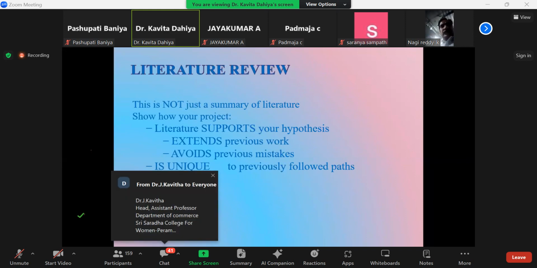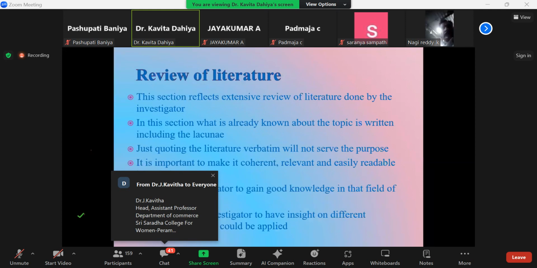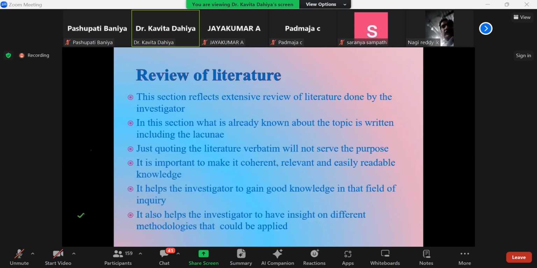It is an extensive review of the literature done by the investigator, in which what is already known about the topic is included. Just quoting the literature will not serve the purpose.